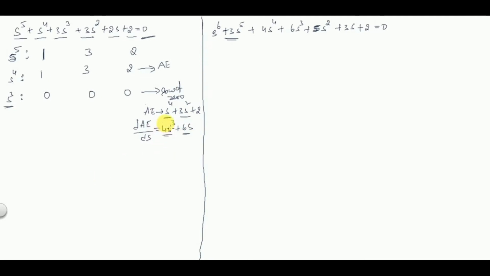Now replace the row of zeros with the coefficients of this differential auxiliary equation, which are 4 and 6. Then s power 2 is 4 into 3, 12 minus 6, which is 6. 6 by 4 is 3 by 2. Similarly, 4 into 2 is 8, 0 into 1 is 0, 8 by 4 is again 2.